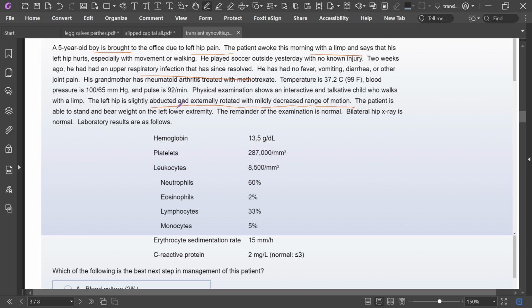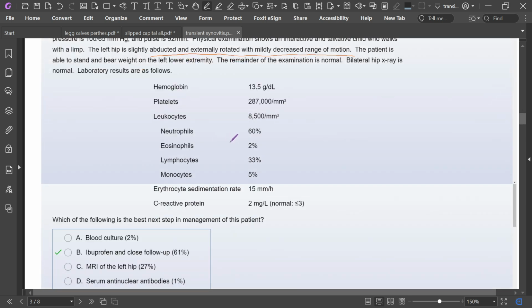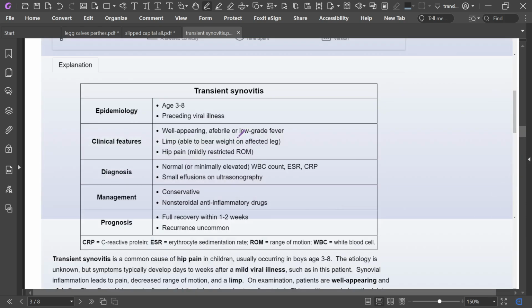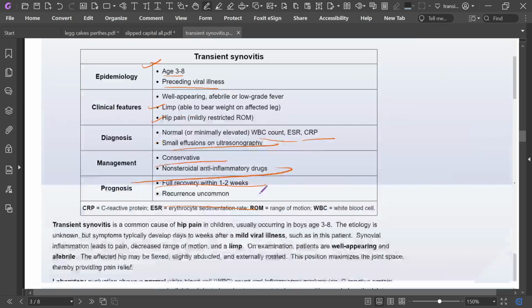As they are in pain, they do not allow the foot to be moved. So, ibuprofen and close follow-up. Transient synovitis: age 3 to 8, preceding viral infection, child with limp and hip pain, normal WBC and ESR, small effusion on ultrasound, conservative management with NSAIDs, full recovery, recurrence uncommon.